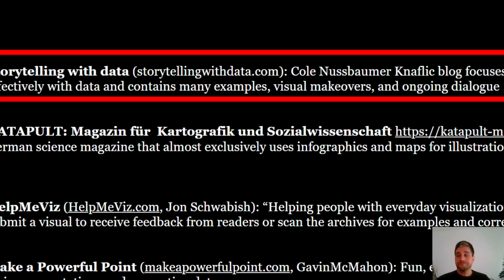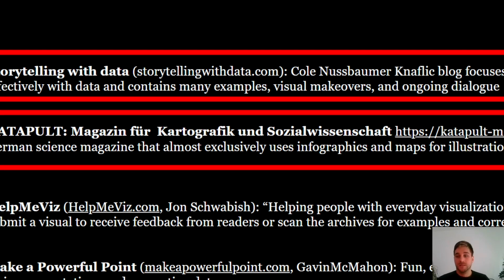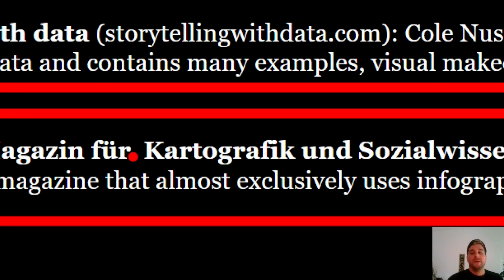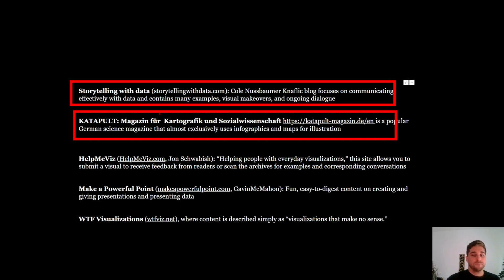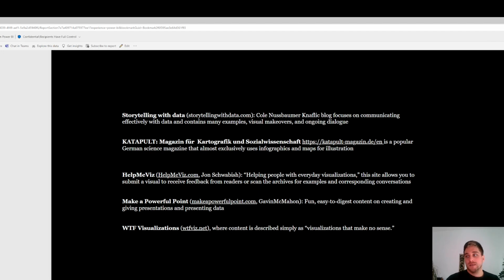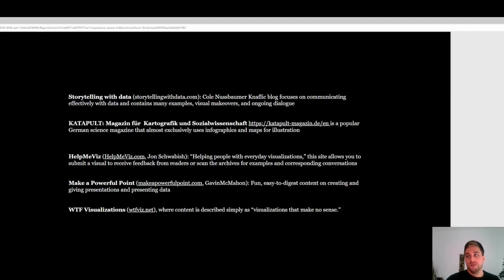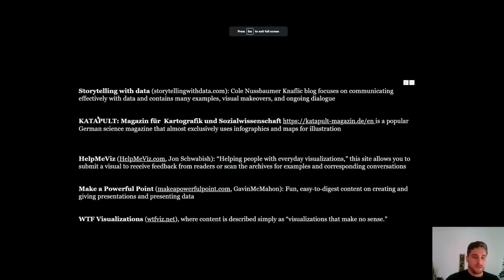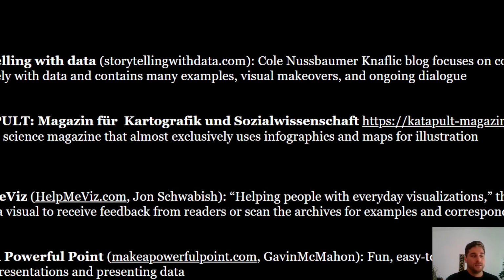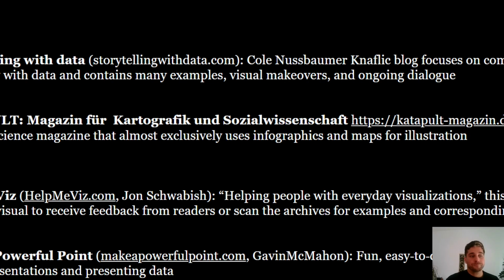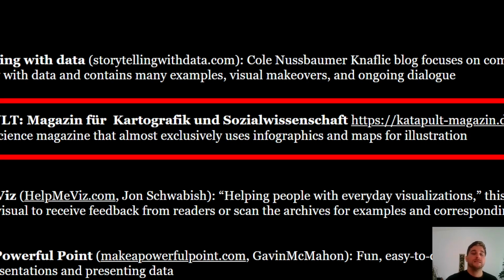The second one is called Katapult Magazin, a German magazine for cartographic information. It's like news, but presented in an infographic and visual way.